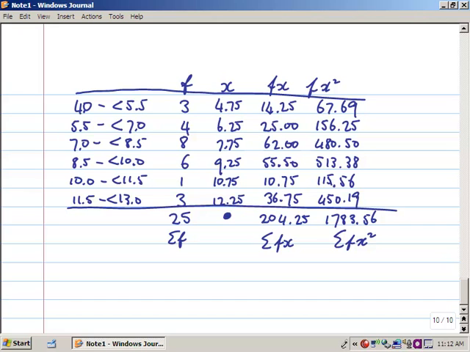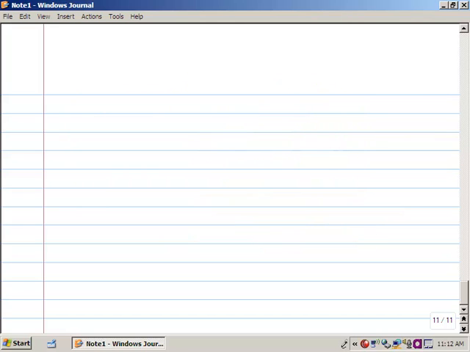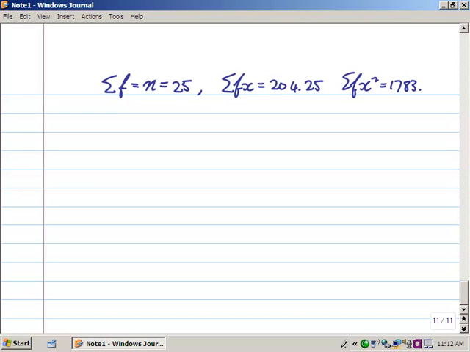Alright, and then we can calculate the average, variance, and standard deviation. So let's reproduce those numbers here. Sigma f is also the n, which is 25. Sigma fx is 204.25, and sigma fx squared is 1783.56.